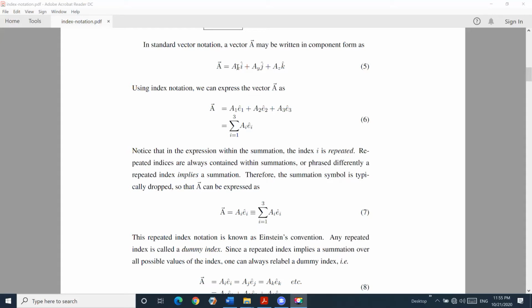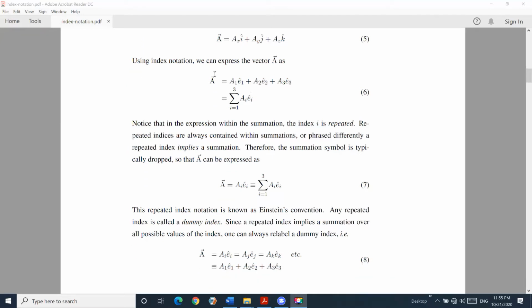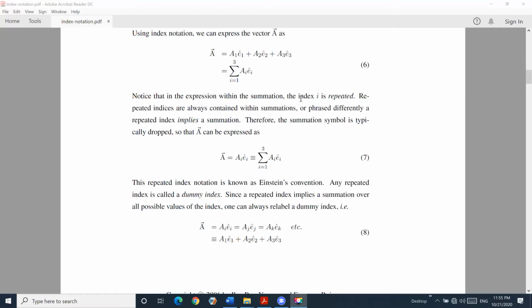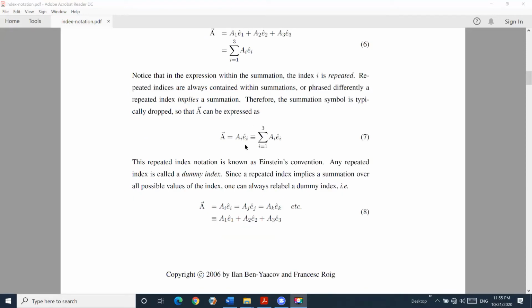Here we simply exchange: this is a1, this is a2, this is a3, and i is e1, j is e2, and k is e3. Then we can represent this whole vector by a summation, sum of ai ei, where i starts from 1 and goes to 3. So the summation repeats the index i, like 1, 2, 3, for example.